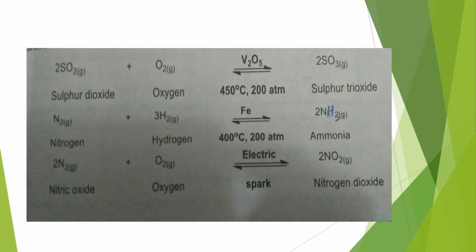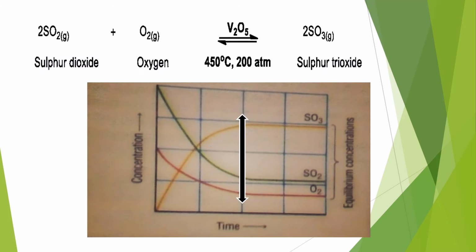The third example is the formation of nitrogen dioxide, in which nitrogen and oxygen react together to produce nitrogen dioxide, and again this nitrogen dioxide decomposes into its reactants. These are examples of reversible reactions in which reactants combine to produce the product, and the product again decomposes into its reactants.